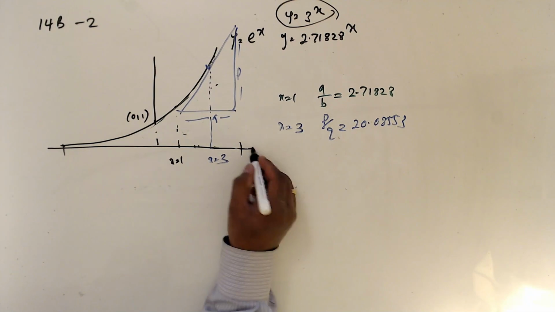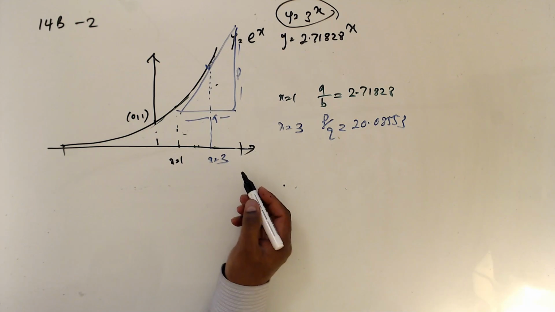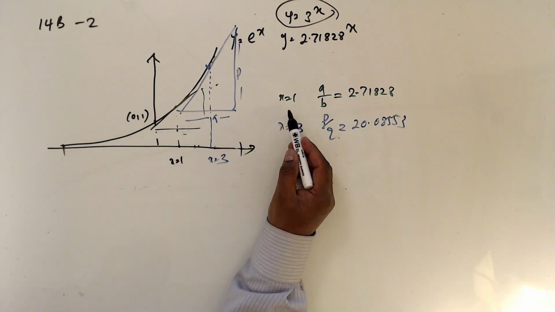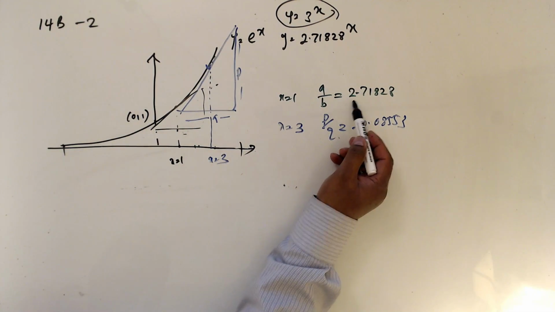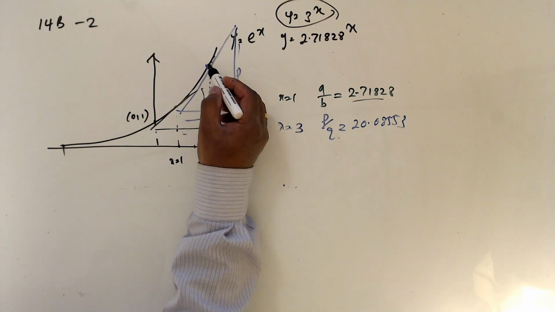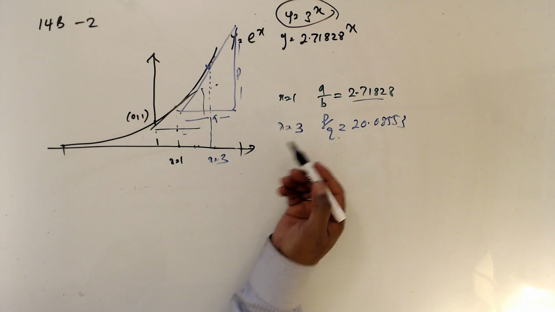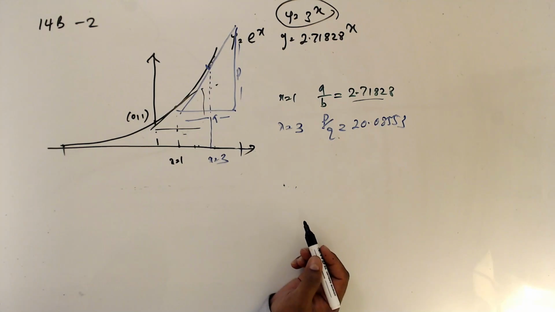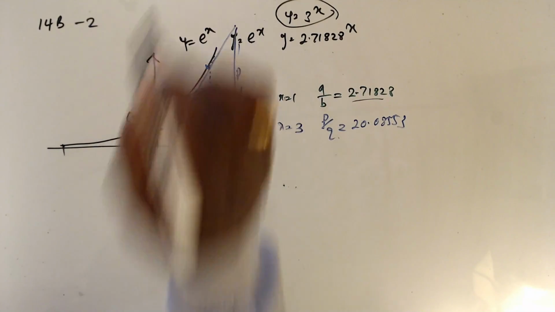Now, what we did, we drew a y equals e^x graph accurately, and geometrically we found out when x equals 1, we divide this distance and we get the answer. And we draw a tangent to this point when x equals 3, and P divided by Q. We geometrically found the gradient at those points for the y equals e^x graph.